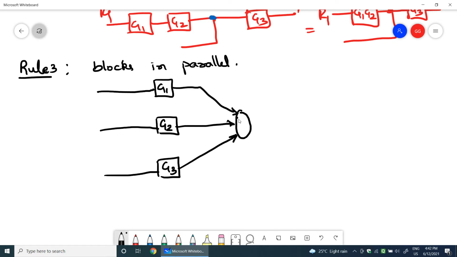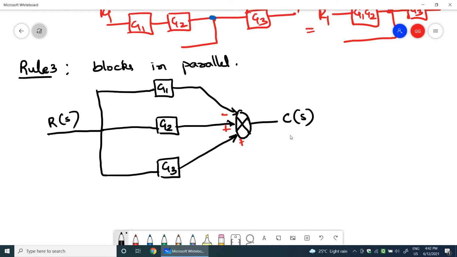Okay, all the paths will meet at the same summing point. So think we have this is plus, and this is minus. Now all 3 are connected here, and therefore this would be R of S, and the output of this summing point would be C of S if I take.